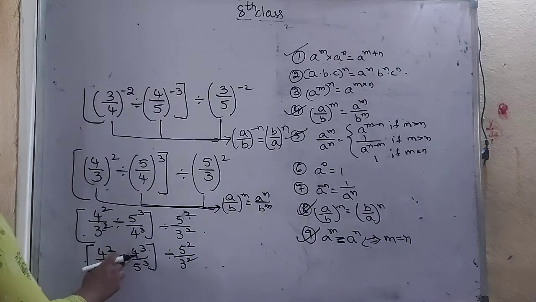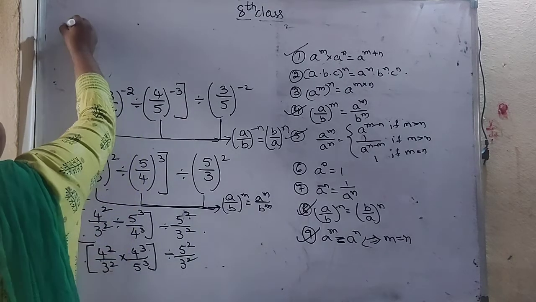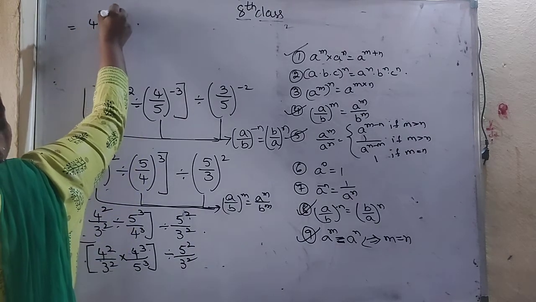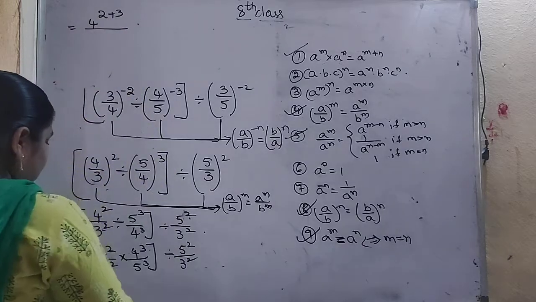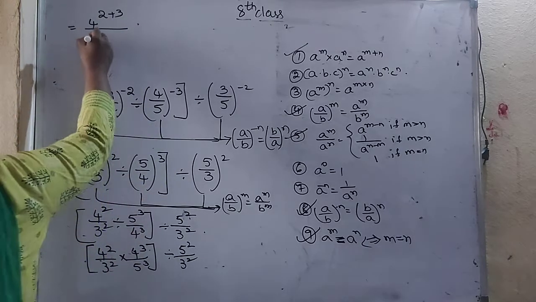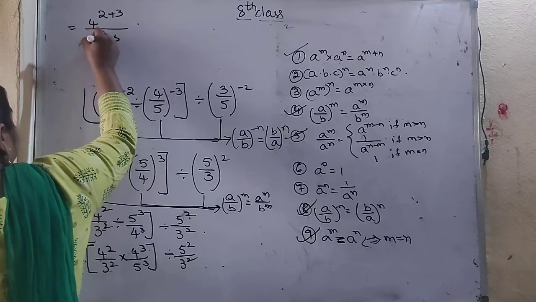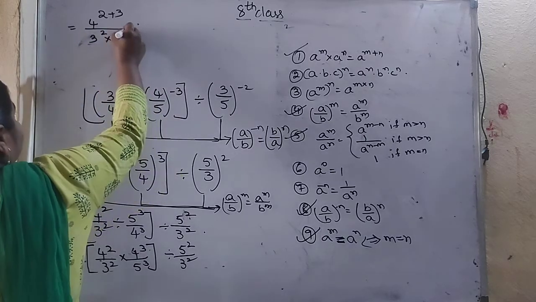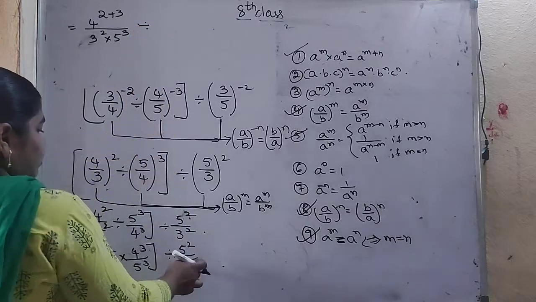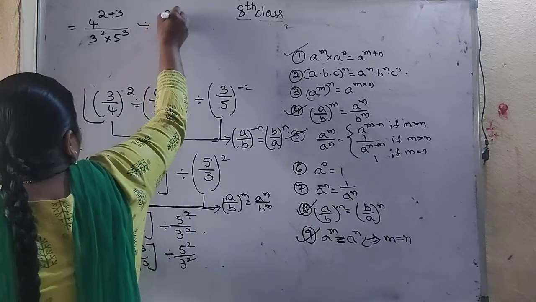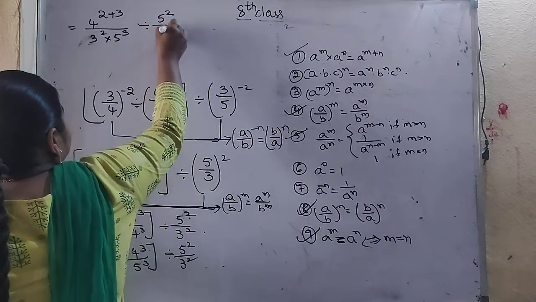Here both bases are equal, we can add the powers. So it will be 4 power 2 plus 3 by 3 square into 5 cube, divided by this value, 5 square by 3 square.